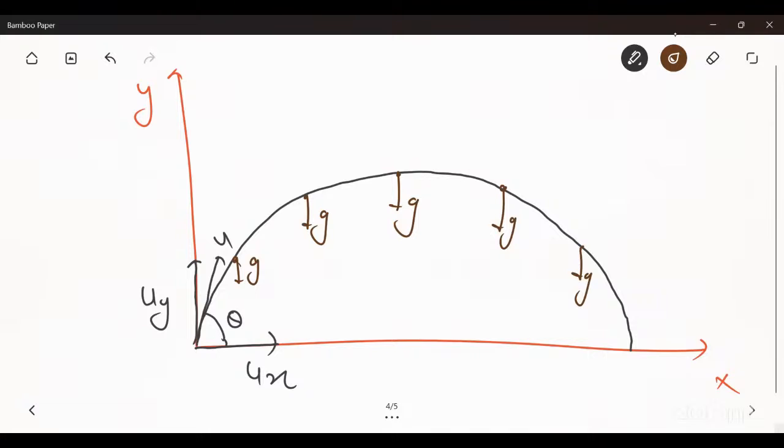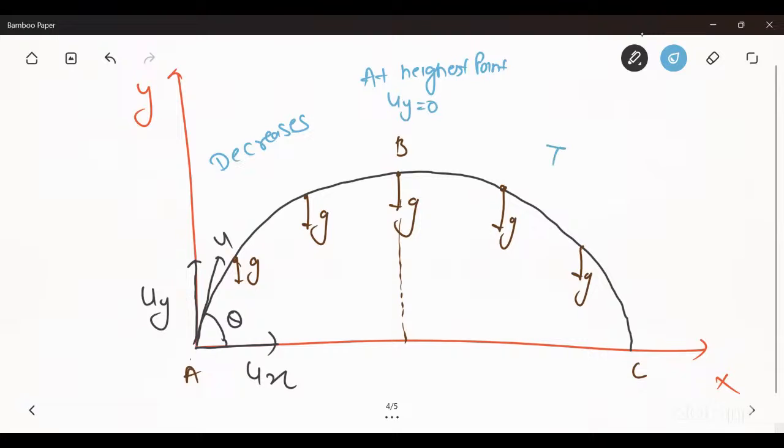So uy firstly decreases from this point A to the highest point. Suppose this is the highest point B. From A to B it initially decreases, then at the highest point it becomes 0, and then it increases.